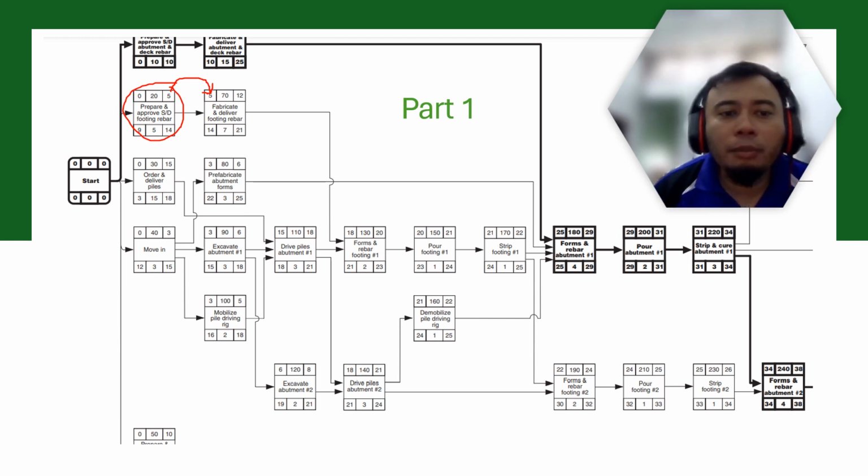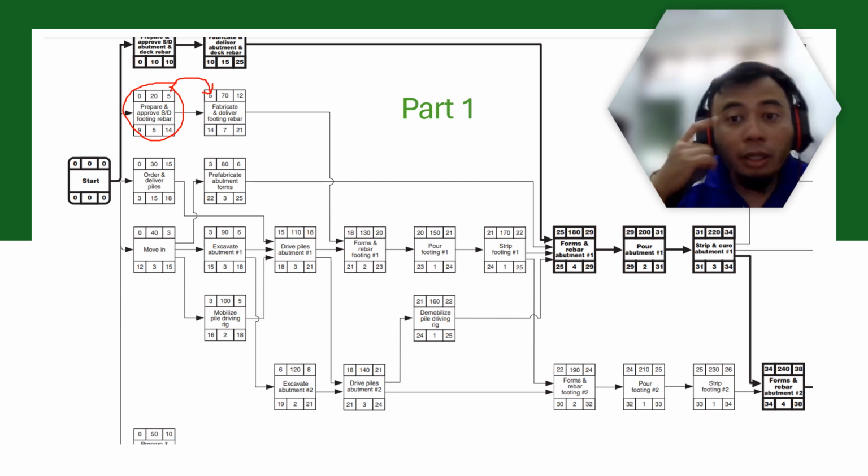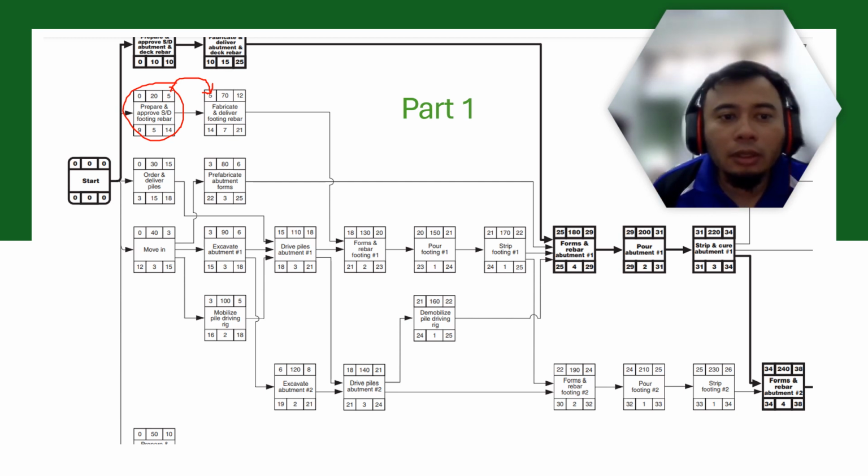Now let's say you have a burst activity, where one activity needs to be completed for three other activities to start. For example, activity 40 has its earliest finish on day 3. So day 3 becomes the earliest start for activities 80, 90, 100. As you can see here, only on day 3 can these activities start.